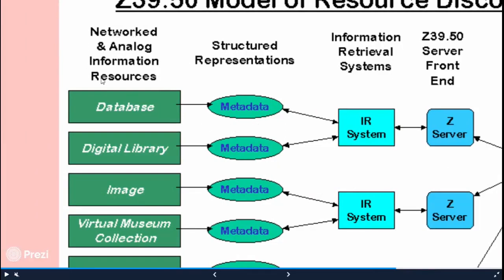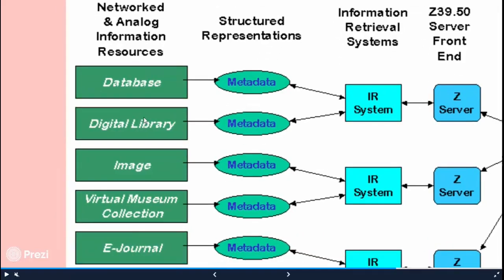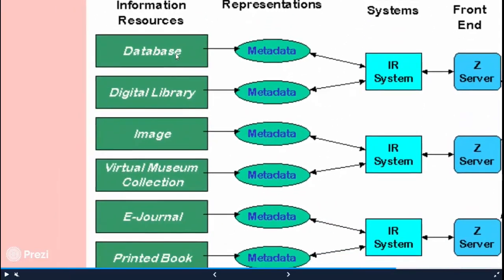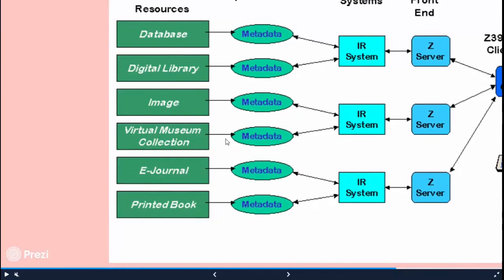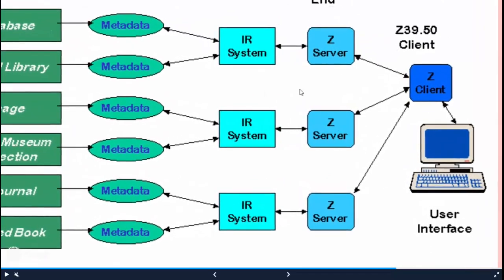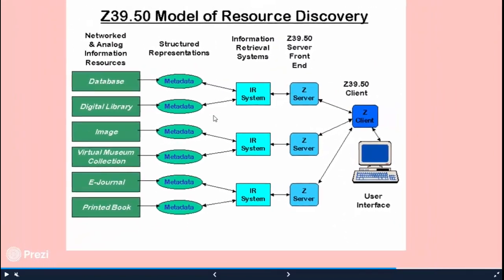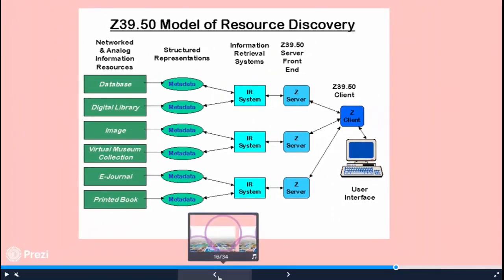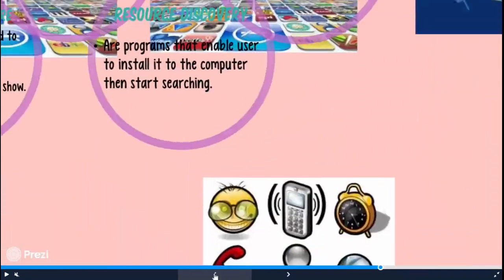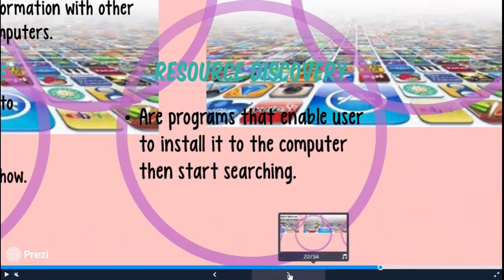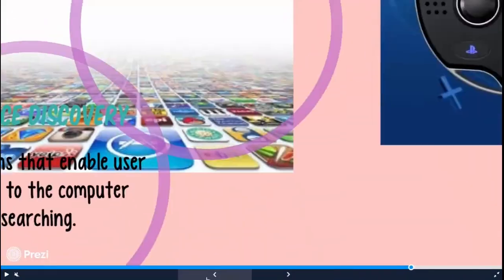Network and analog information resources. So you have databases, digital libraries, everything, all e-journals. What's the term? Resource discovery software.